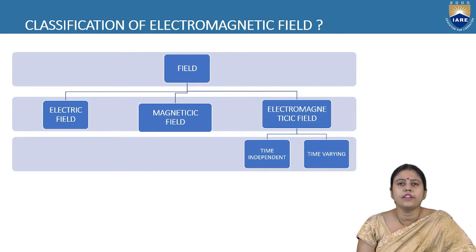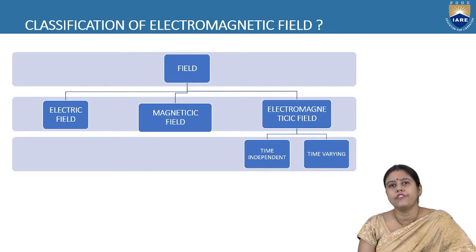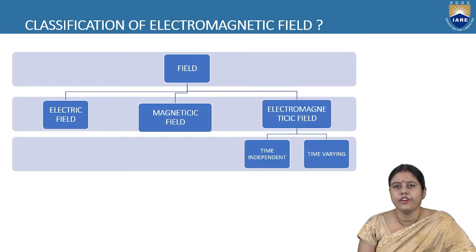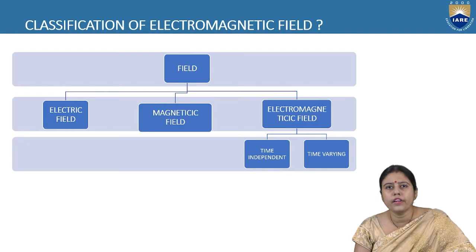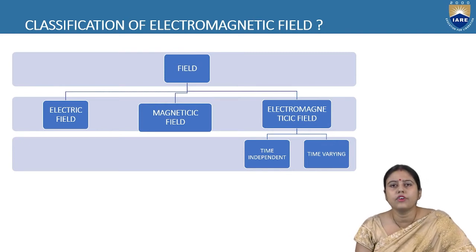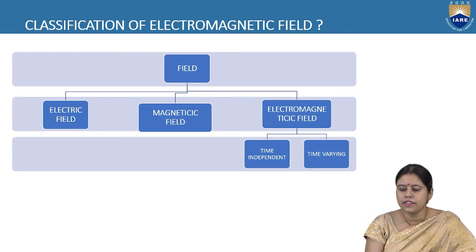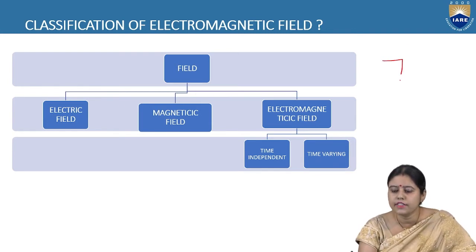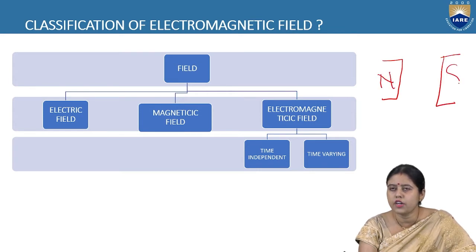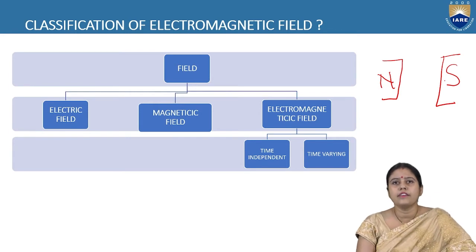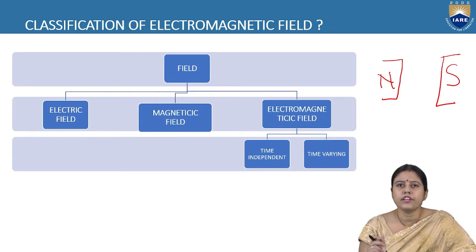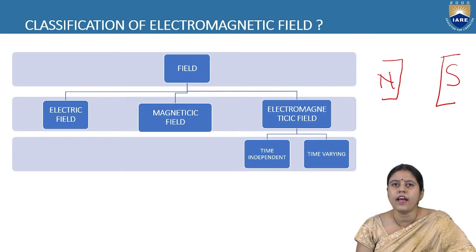Now another important thing is the electromagnetic field. What is the meaning of electromagnetic field? Electromagnetic field is a combination of the electric field as well as the magnetic field. And the best example is the DC motor. We can draw this as a pole and this as another pole. If we take a two-pole machine with a north pole and a south pole, and we give some connections to the iron, it will be changed into an electromagnet.